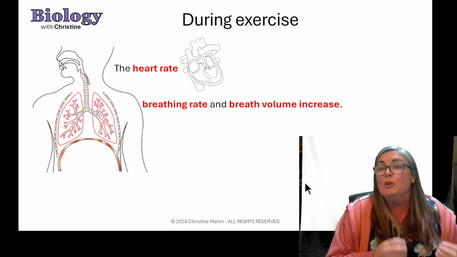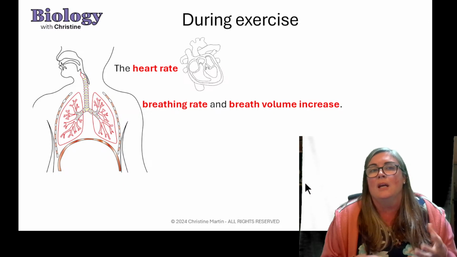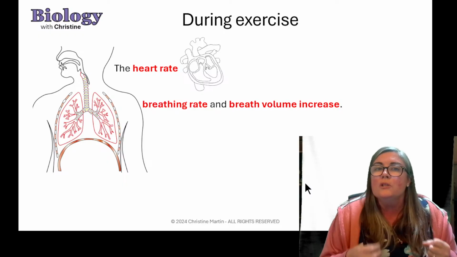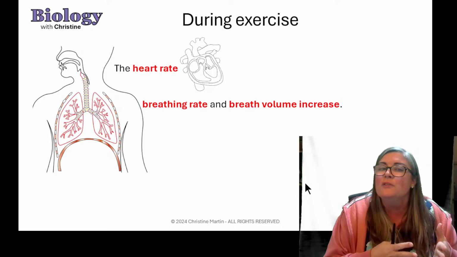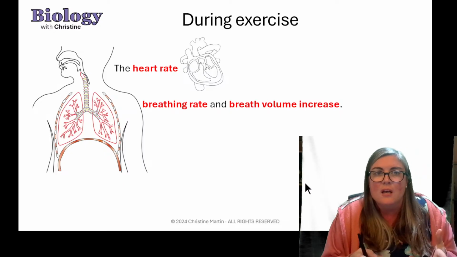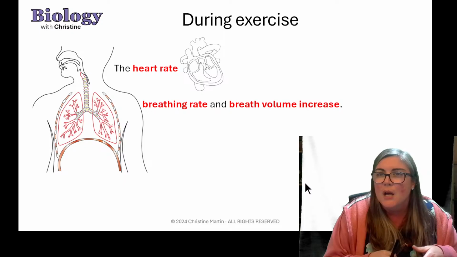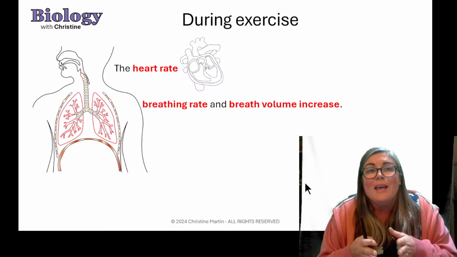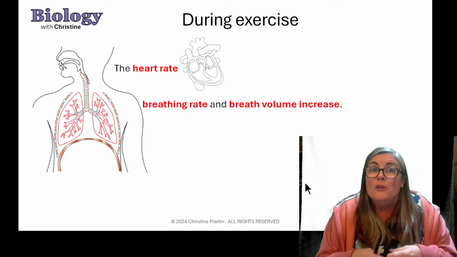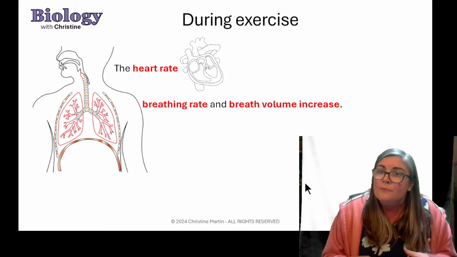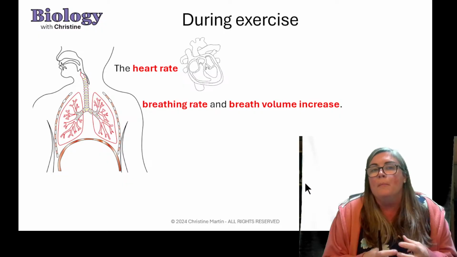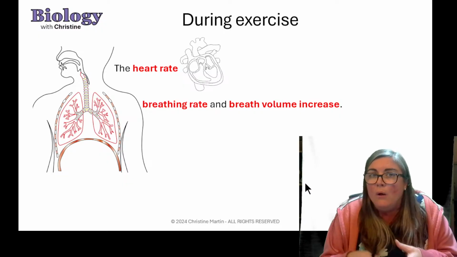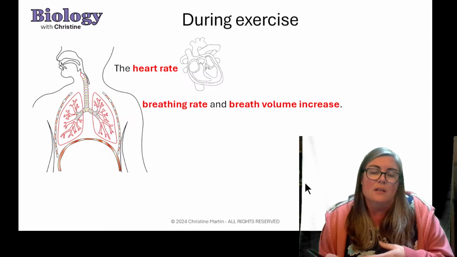So if I'm going to go outside for a run, my heart rate after I've started running is going to increase. My breathing rate is going to increase. The breath volume, the amount of air that I'm trying to get into my lungs, is also going to increase.